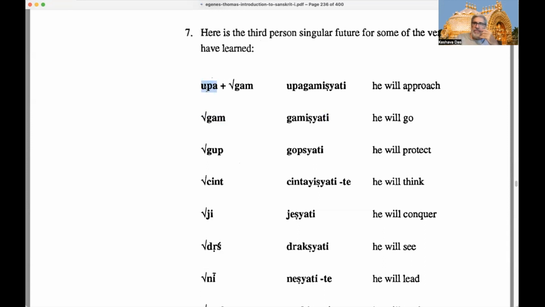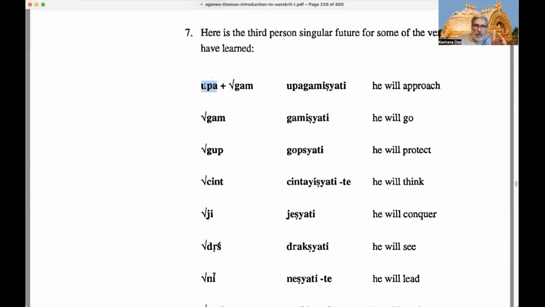There's other examples, but upa tends to make the verb mean something happens close. So close, go, turns into approach, to come close, or to go close, basically.